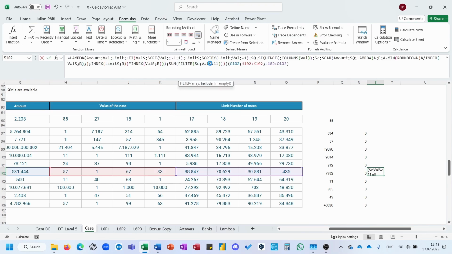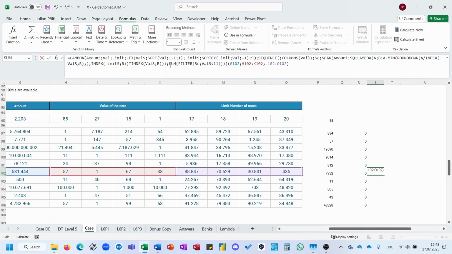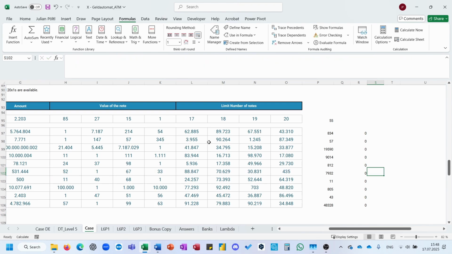Ah, this Excel is so crashy. Okay. Yeah, of course. No, it should be fine.